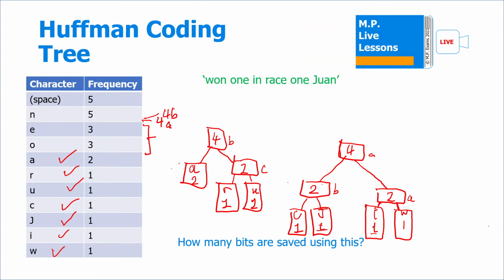Now I can combine these two lots of 3. And we keep just doing this until we get a really large tree with the one thing at the top. Then we combine the two 4s together.